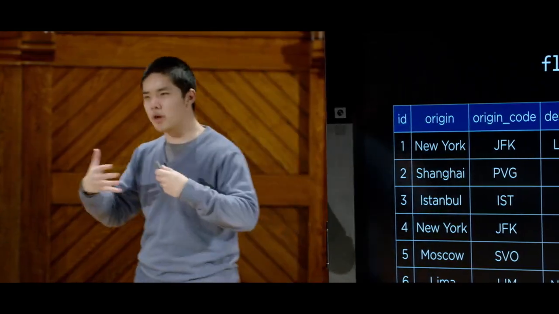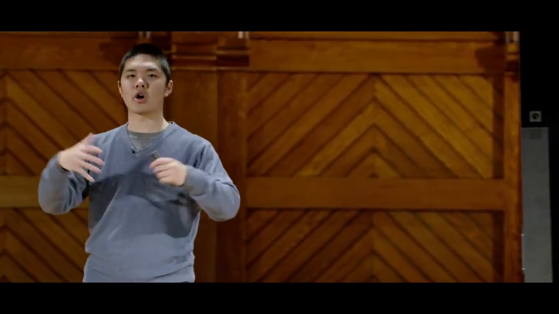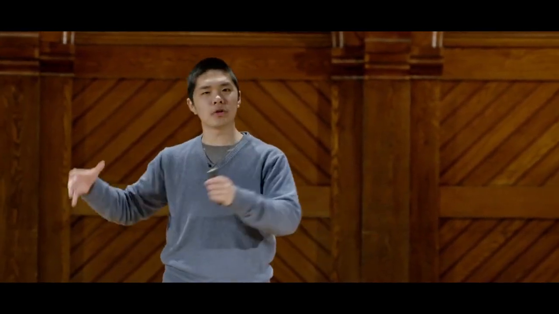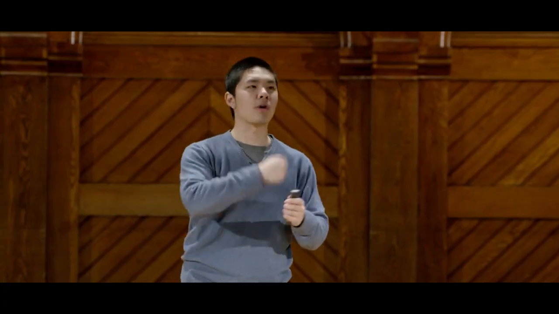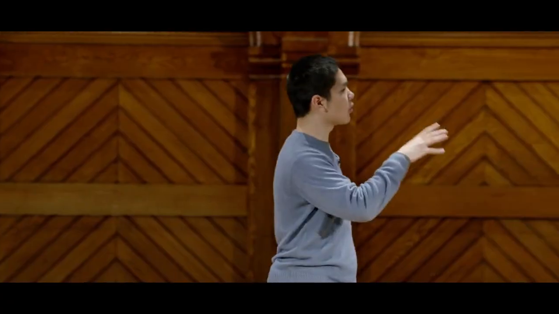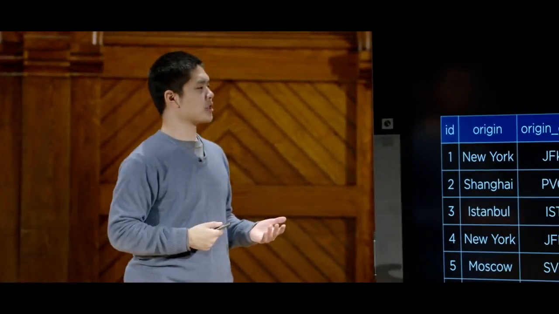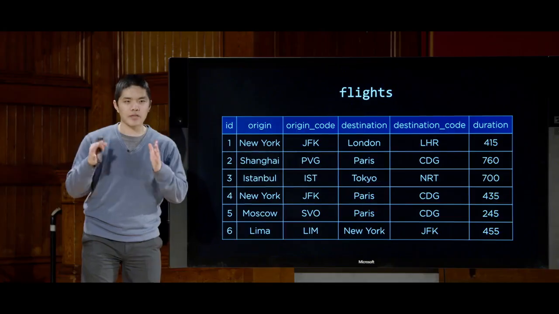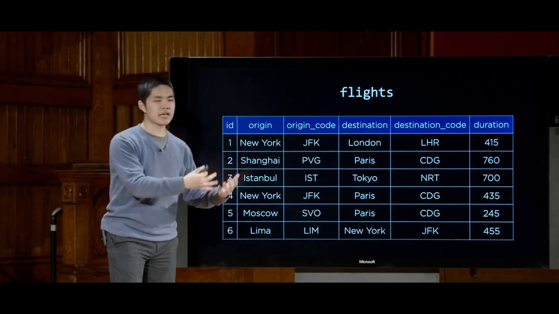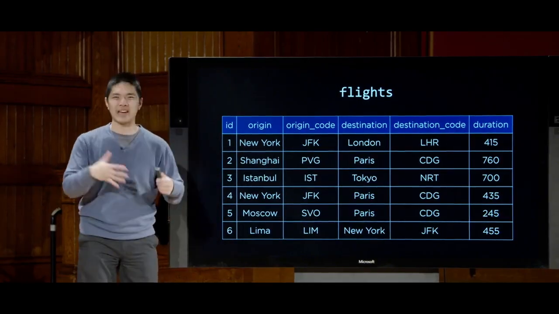And so often as we begin to deal with data in larger and larger sets with more and more columns, we'll want to normalize this data, separating things out into multiple different tables that just reference one another in some way. Instead of just having a single flights table, we might say that flights are one type of object, but another type of object that I care about is an airport.